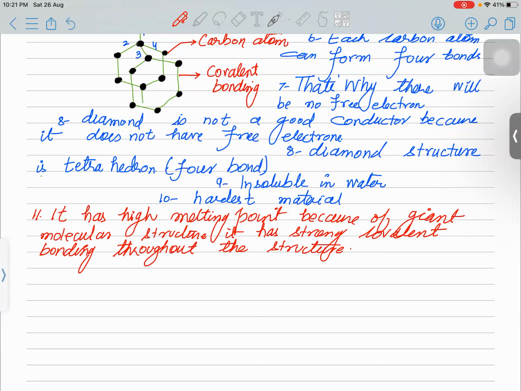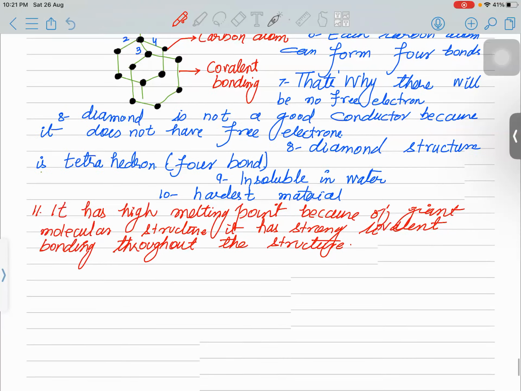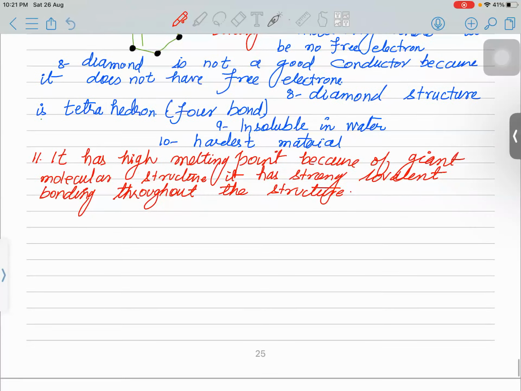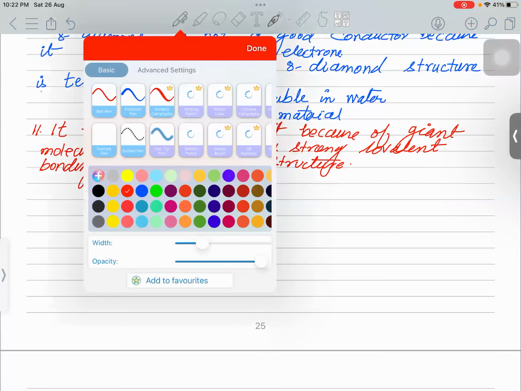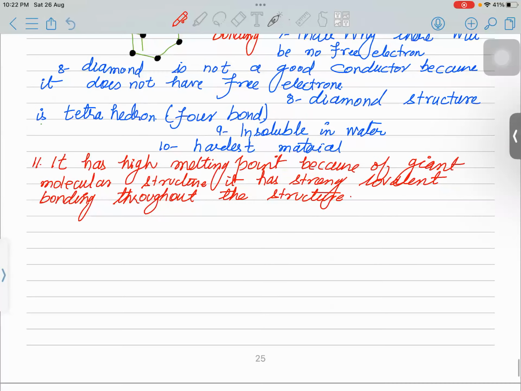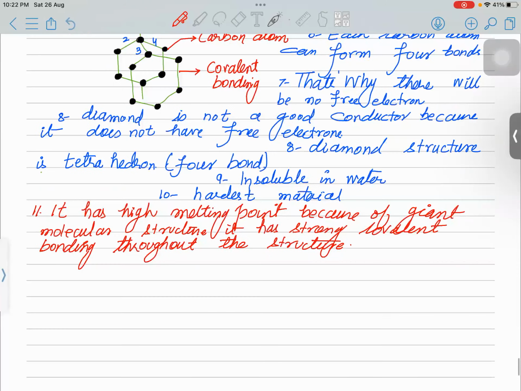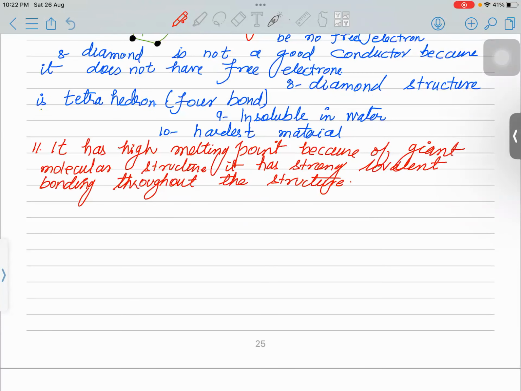It has strong covalent bonding throughout the structure. So diamond is the hardest, as we have discussed. How many bonds? 4 bonds. So no free electrons. We have discussed this.